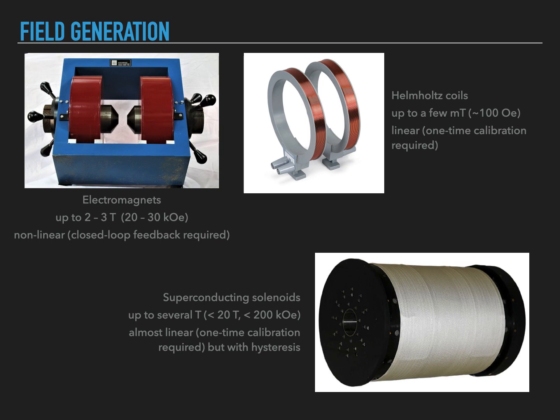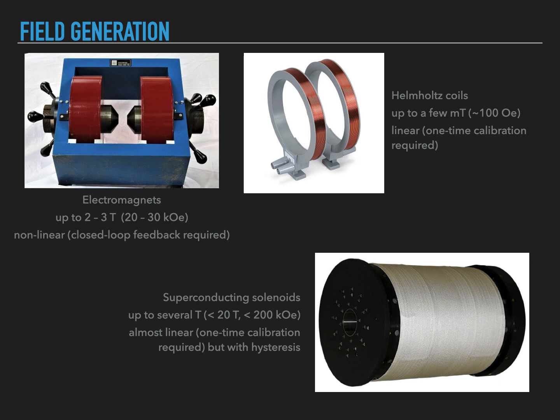To generate the magnetic field, you have three options. The first is to use electromagnets. They are very versatile. They can easily overcome an applied field value of 2 Tesla. They can even reach almost 3 Tesla in many cases. Their problem is that they are non-linear, so you need a closed-loop feedback in order to be able to control adequately the applied field value. A simpler solution is to use Helmholtz coils. They are linear, so you calibrate them once and do not need to worry about them anymore.